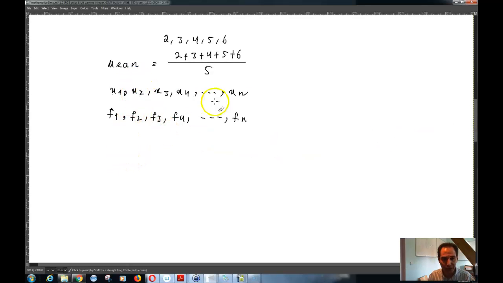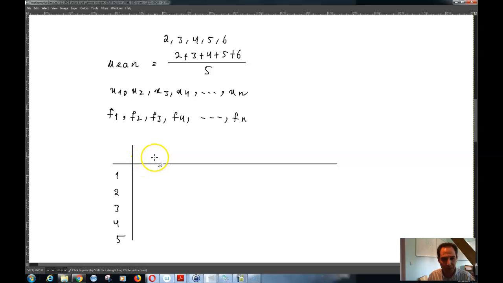Let's say that you have some observations like 1, 2, 3, 4, and 5, and these are your observations, or x sub i, and then the number of times that these observations have occurred, if you denote that by the frequency of those observations, called f of i, you would call them f of 1, f of 2, f of 3, f of 4, f of 5.